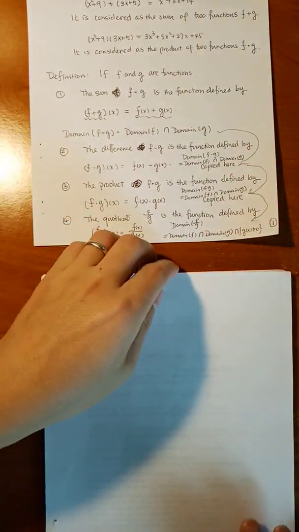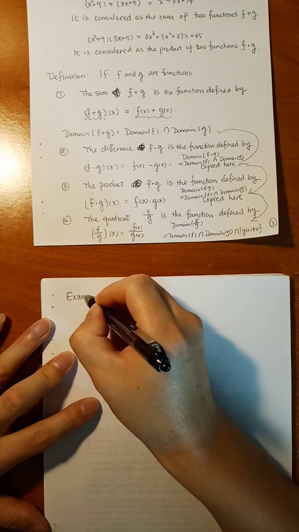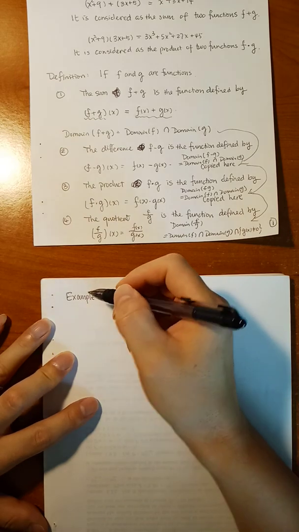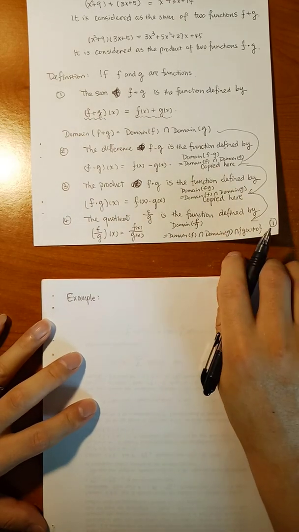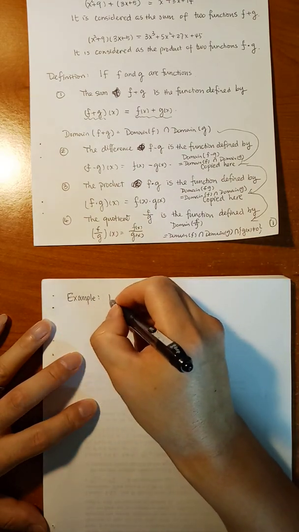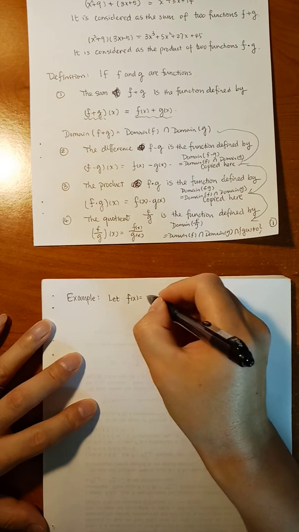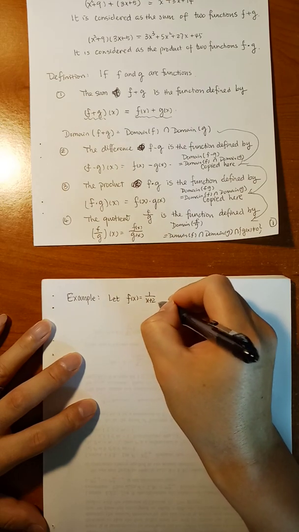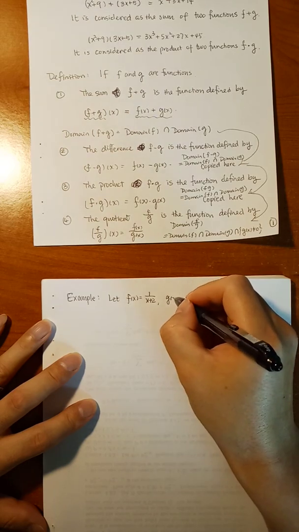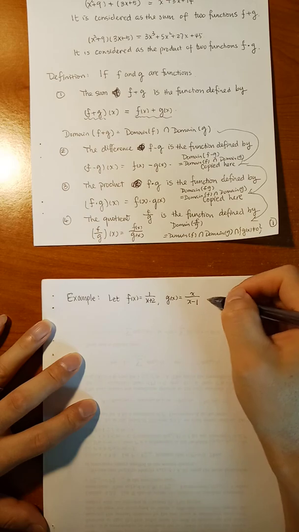Okay, so let's see. Actually, when you have concrete functions, those sum, difference, quotient, product are even more simple. Let f(x) be 1 over x plus 2, g(x) be x over x minus 1.